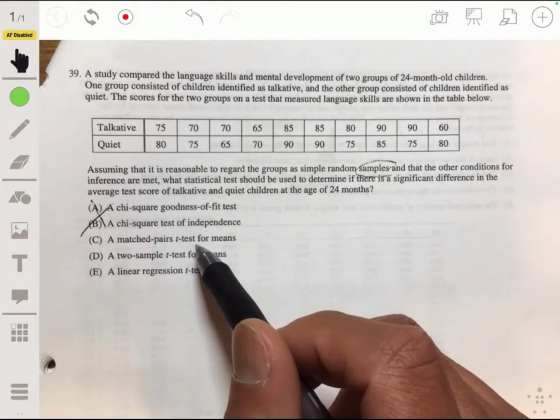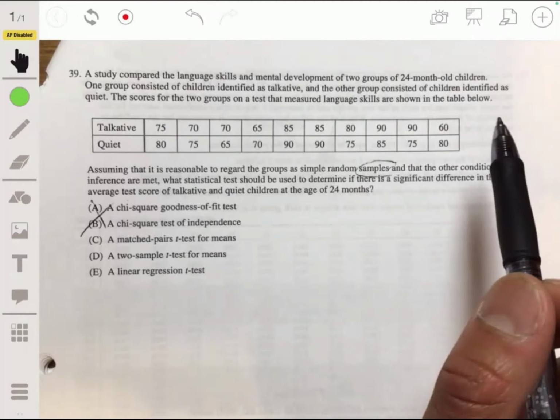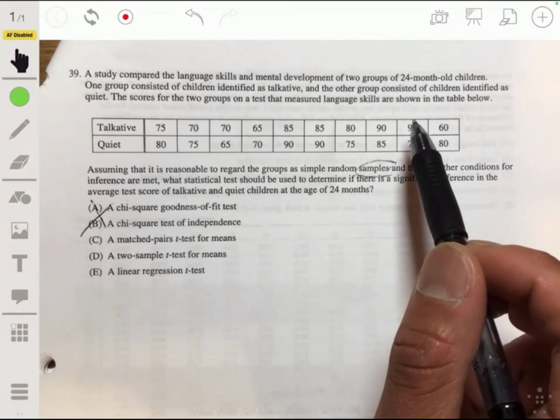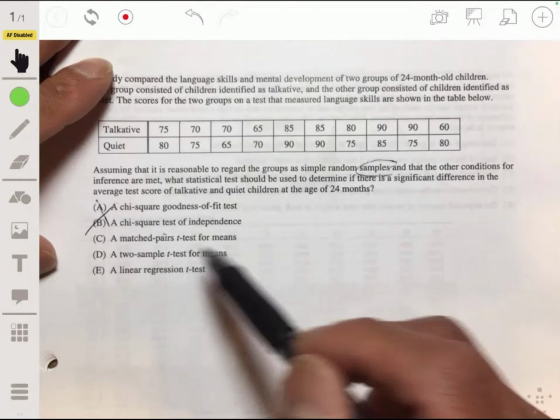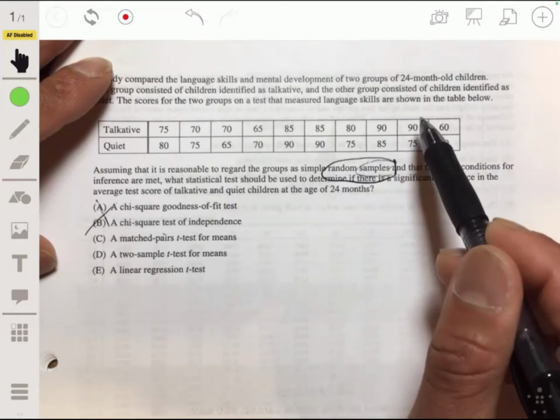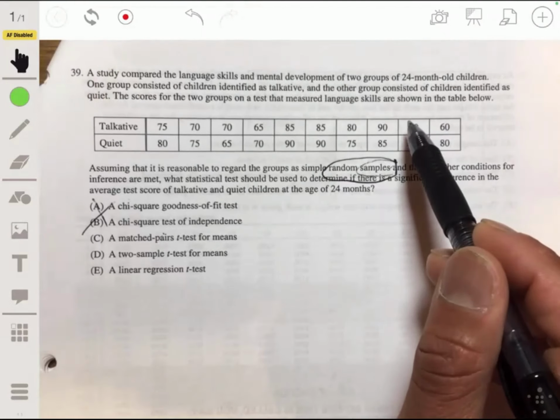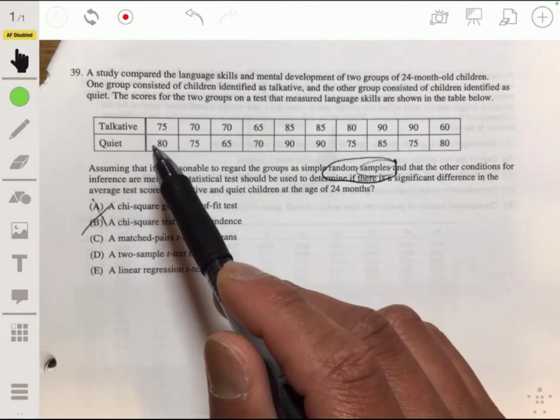Now it really comes down to t-tests, because you're basically testing 2 means, and the key here is to know whether it's a matched pairs or 2 sample. We're given 2 groups, the talkative kids and the quiet kids.